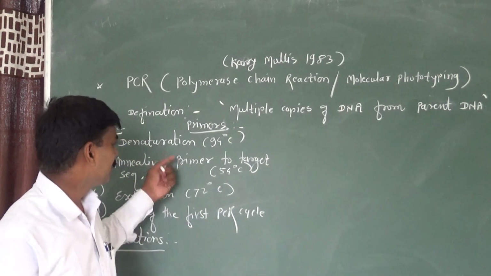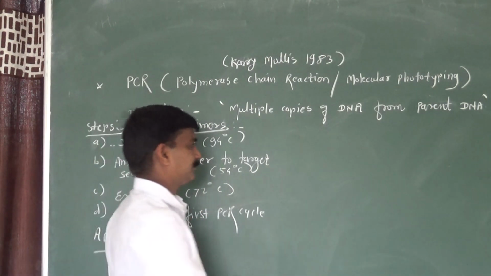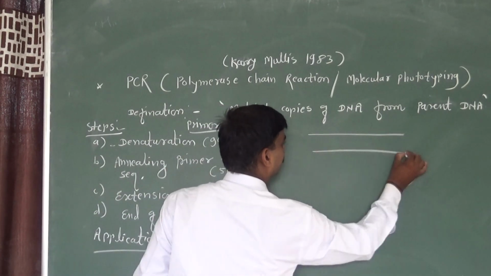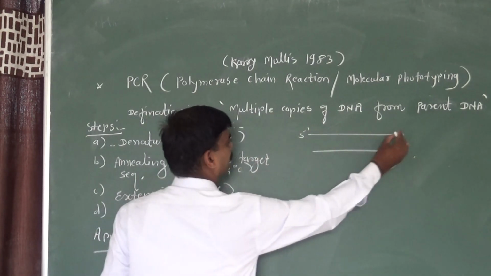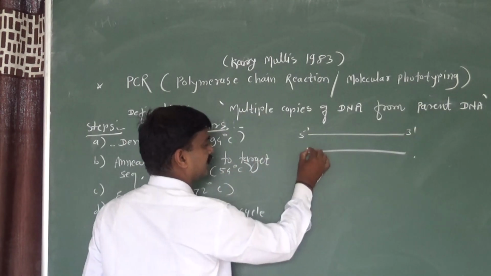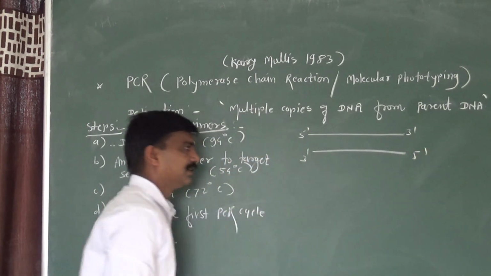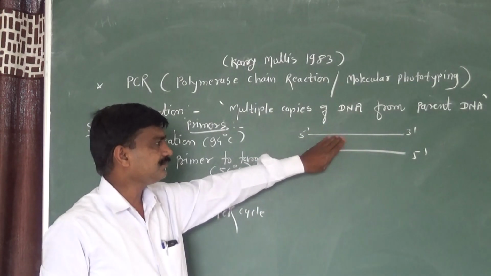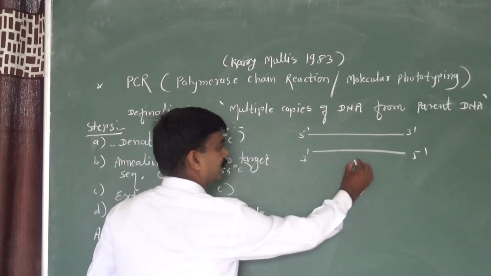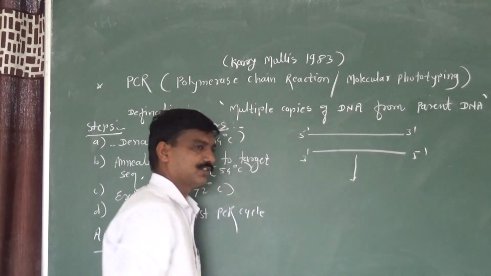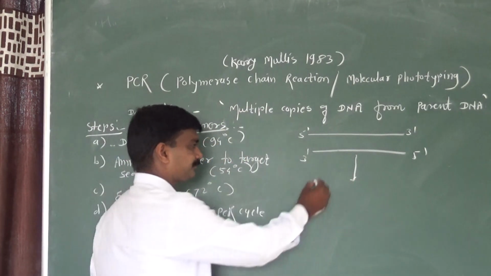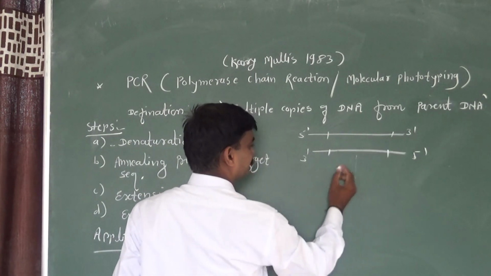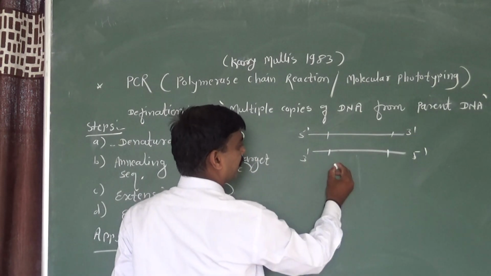First of all, denaturation. Suppose there are strands of DNA, 5' to 3' and 3' to 5'. Here you can see the double-stranded DNA molecule. First of all, select the amplified region of the parent DNA molecule.